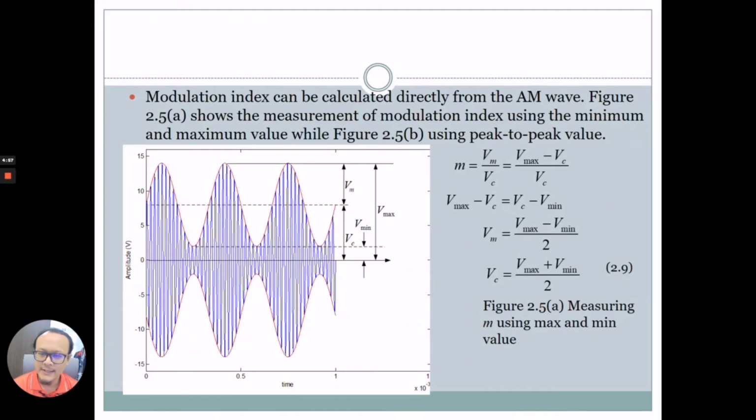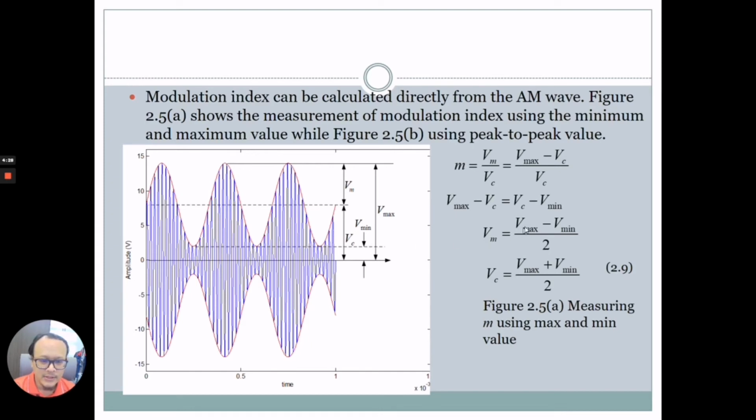The modulation index can be calculated directly from the AM signal. For example, in this figure we have an AM signal or wave. To get the modulation index, we can use the equation Vm over Vc. From this figure, how can we get Vm and also Vc?